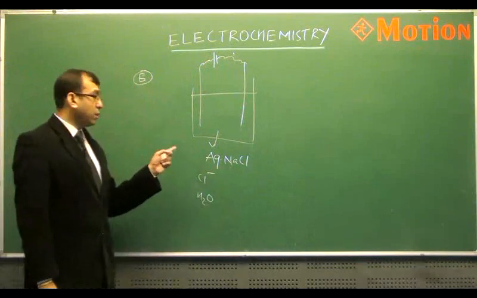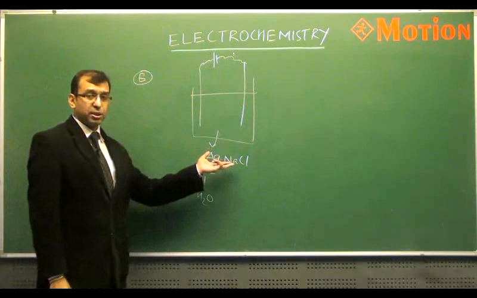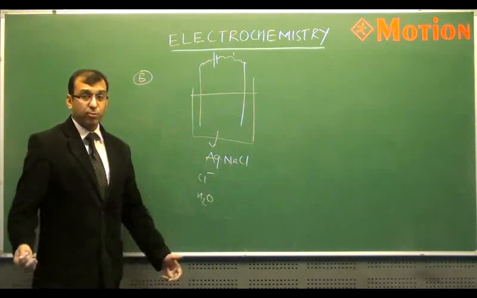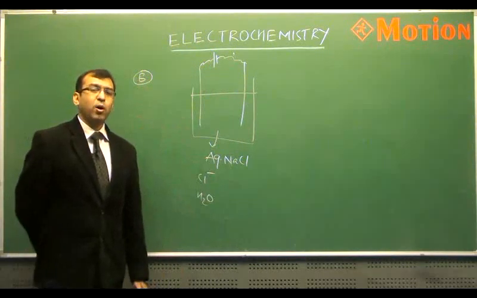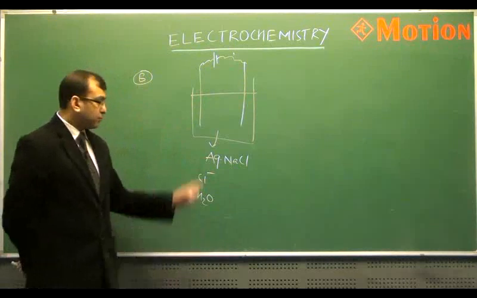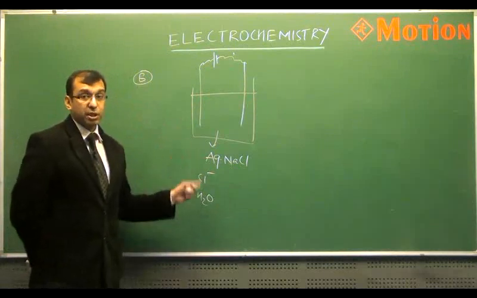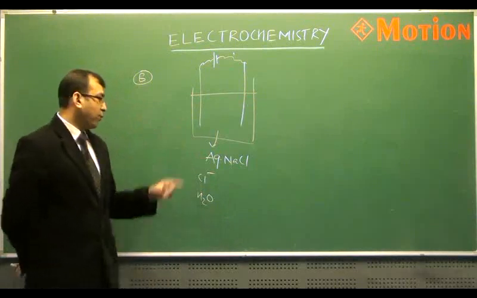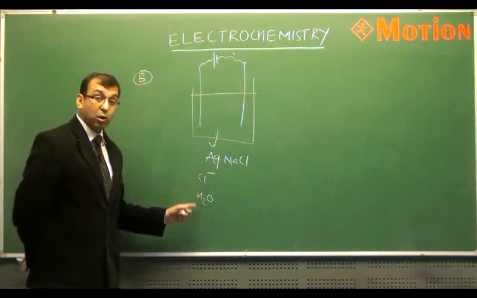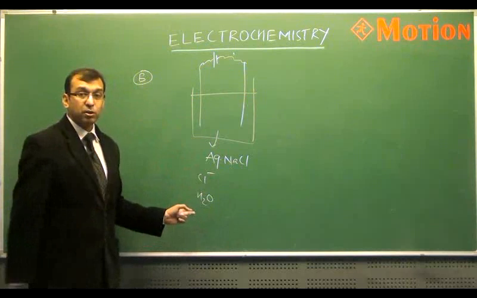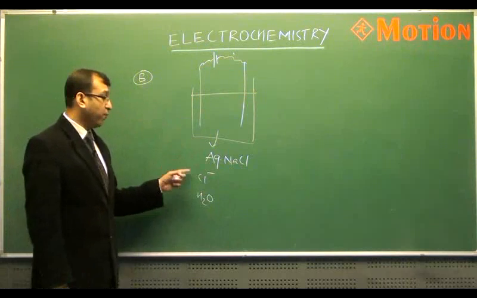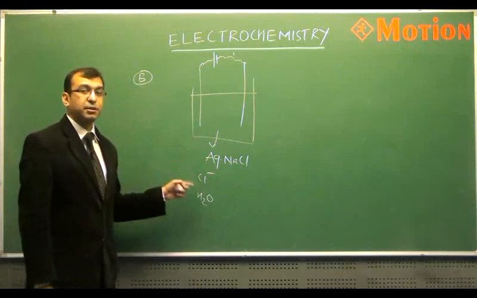I am not considering OH minus, because OH minus in an aqueous NaCl solution at pH 7 has a concentration of 10 to the power minus 7, which is good for nothing. If you look at the preferential discharge theory, who is more eligible for oxidation, Cl minus or water? Look in your class notes. It's Cl minus.